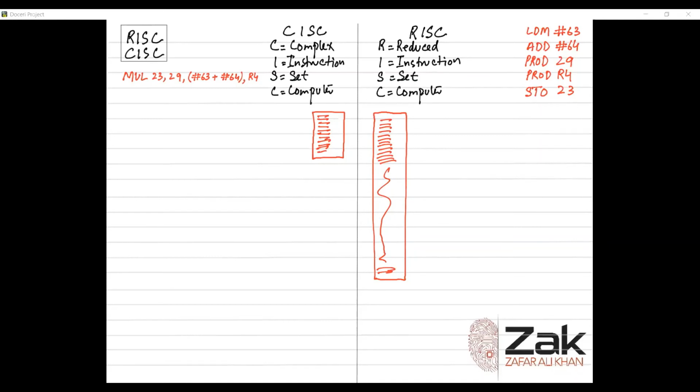It's up to the programmer, because these are two philosophies and we tend to look at things from our own perspective. So a few programmers are in favor of CISC and a few are in favor of RISC.